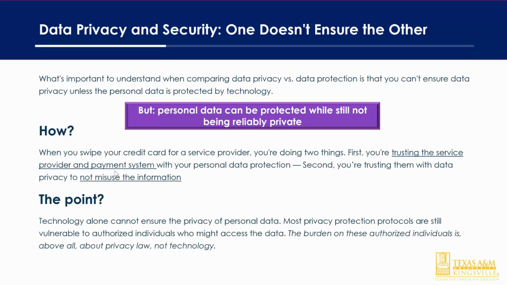And you're also trusting all of those same agents, not only with the protection of your data, but the protection from misuse of your data. In other words, you're trusting them to protect the data that you have provided, and also to not sell your data to someone else without your explicit permission.